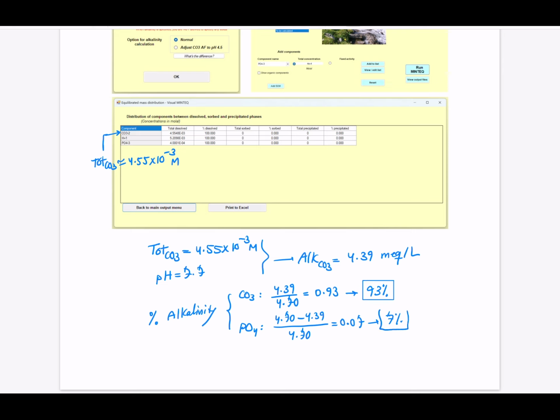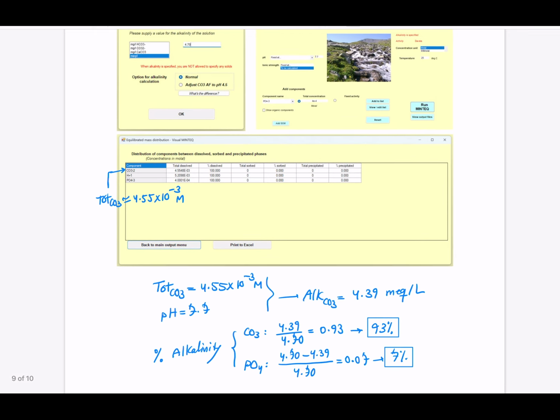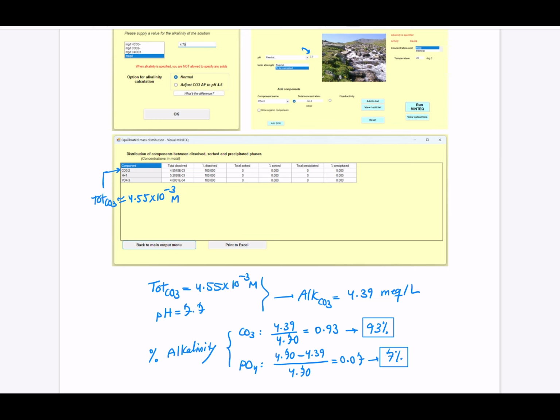As you see, a big contribution is from the carbonate system. One of the reasons is that it's 10 times more concentrated, but it also has more contribution to the overall. So this is the pH we fix, and this is the total alkalinity.